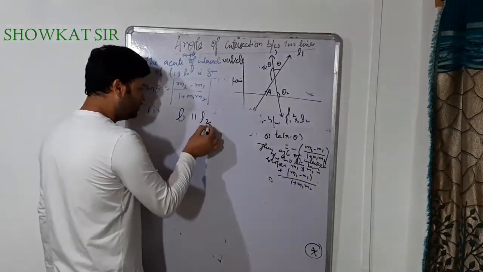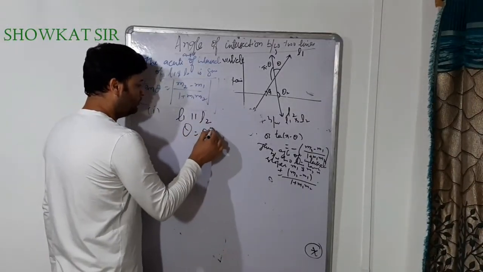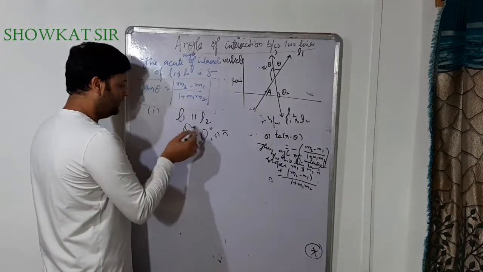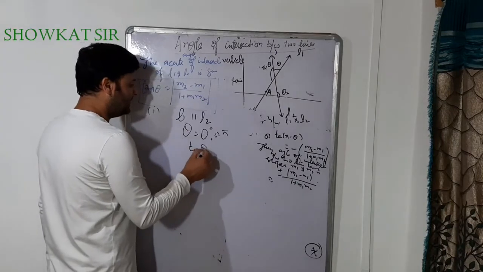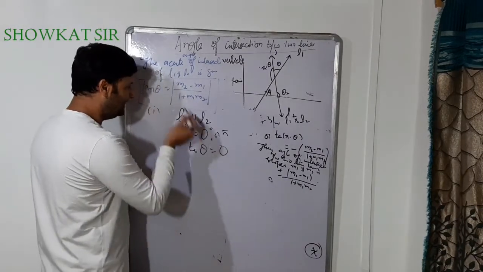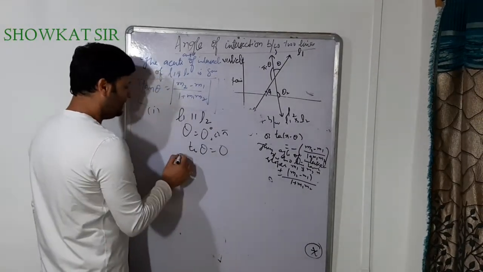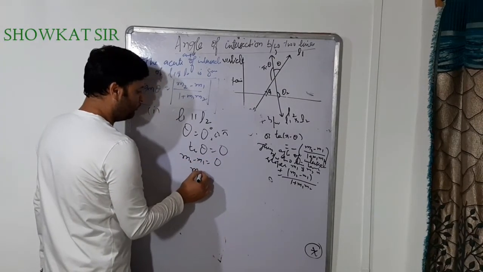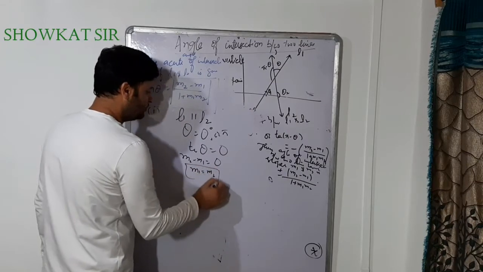When L1 is parallel to L2, theta is 0 degrees or pi radians. So it means tan of theta is 0. When tan theta is 0, it means M2 minus M1 is equal to 0. This gives M1 is equal to M2. Slopes are equal.